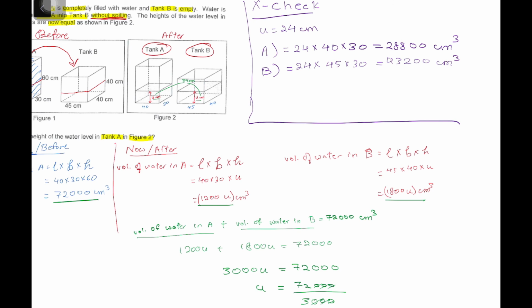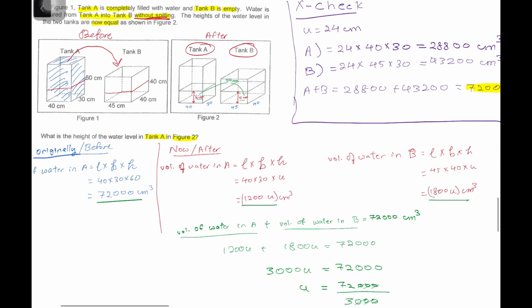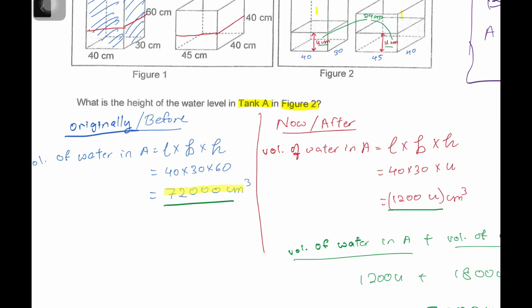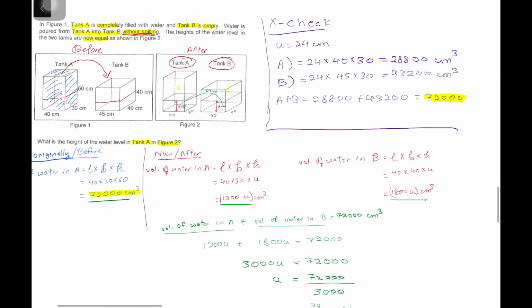So if we add both of them up, we have A plus B, which is 28,800 plus 43,200, which gives us 72,000. At the end, A plus B is 72,000, and originally the volume of water in A is 72,000. So this shows that your answer is correct.